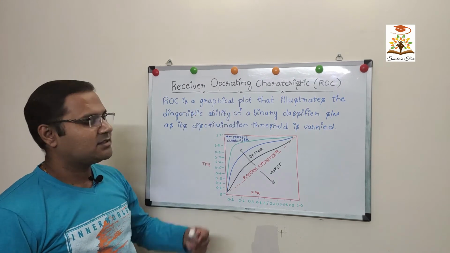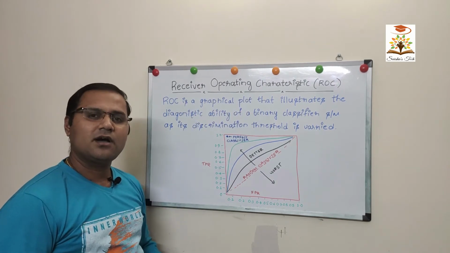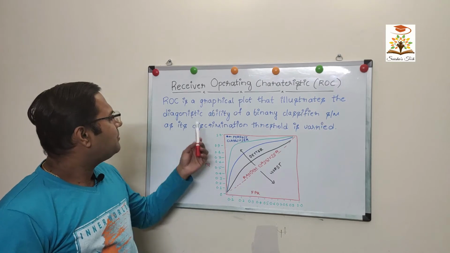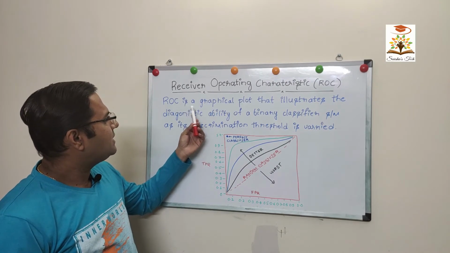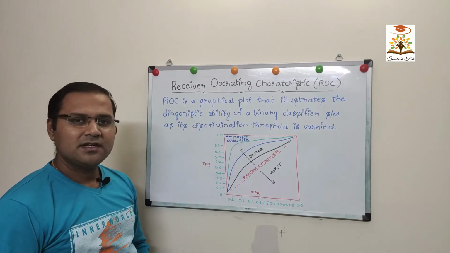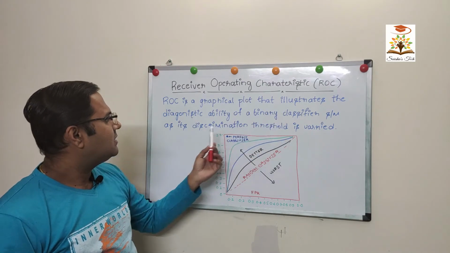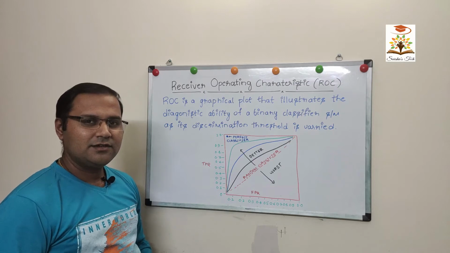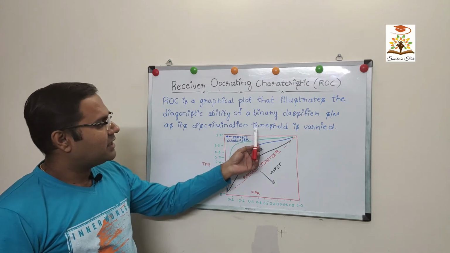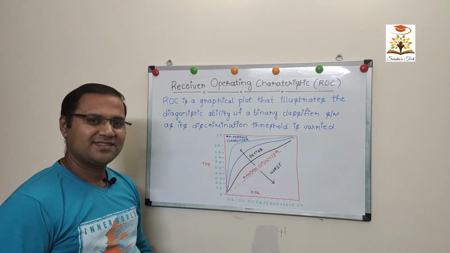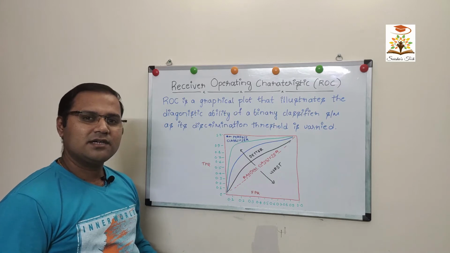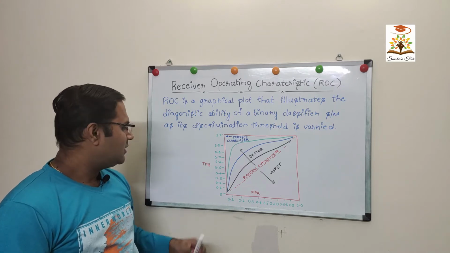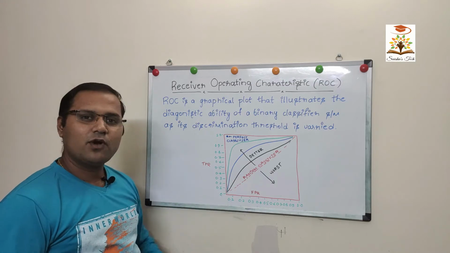Receiver operating characteristics is the abbreviation for ROC. The basic definition of ROC is, it is a graphical plot that illustrates the diagnostic ability of a binary classifier by varying the threshold. The ROC curve is a plot of true positive rate versus false positive rate.